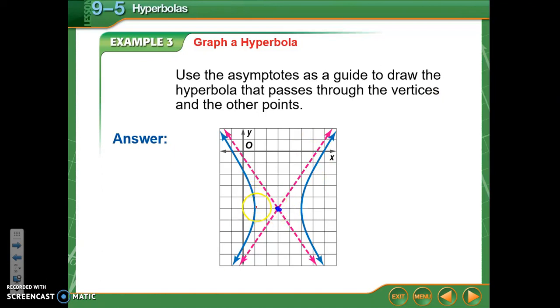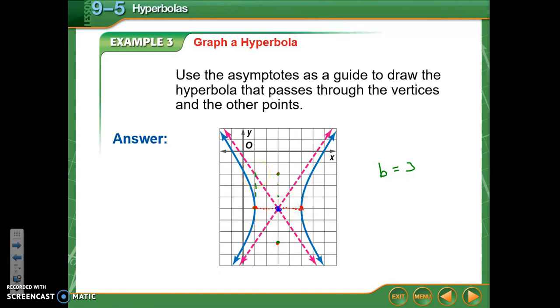So if this is my center, then I graph my vertices, which are 2 points on either side, right? And then I know my co-vertices come from that b value, so remember that b is 3. If I go 3 units up from my center and 3 units below my center, I get these 4 dots, my vertices and my co-vertices.